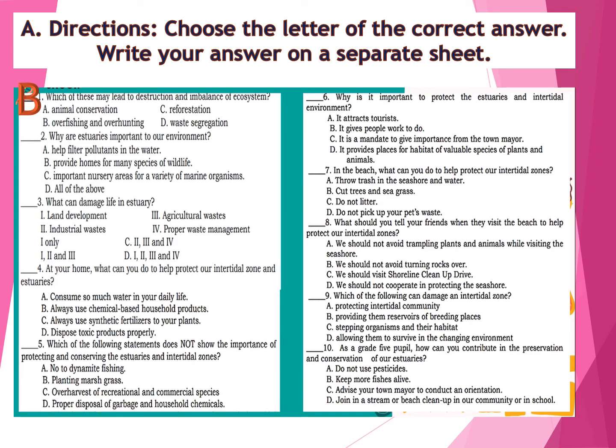Number 1, B. Number 2, D. Number 3, D. Number 4, D. Number 5, C. Number 6, D. Number 7, D. Number 8, C. Number 9, C. And last but not the least, number 10, D. If you have 10 scores, you're great. Very good.